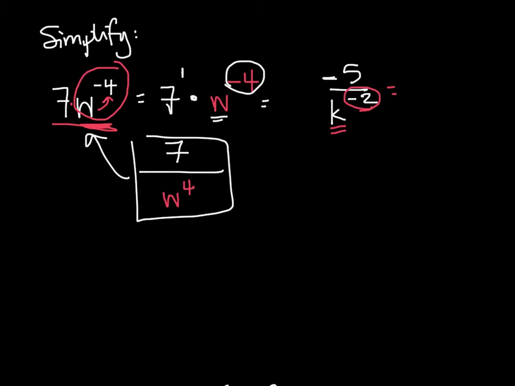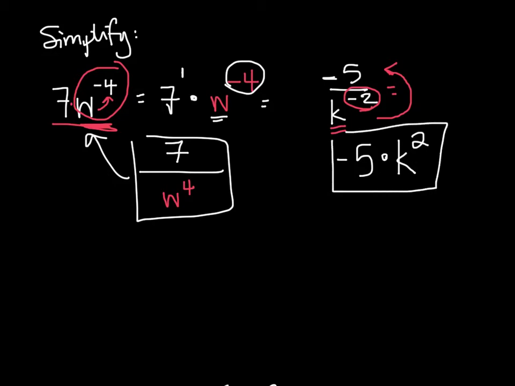So in this case, this k to the negative 2nd needs to go into the numerator. That 5 is going to stay there, and as of right now, there's a division problem happening, so this turns into a multiplication problem. So we have k squared. This k has now moved into that numerator, and the squared goes with it with the negative sign disappearing.